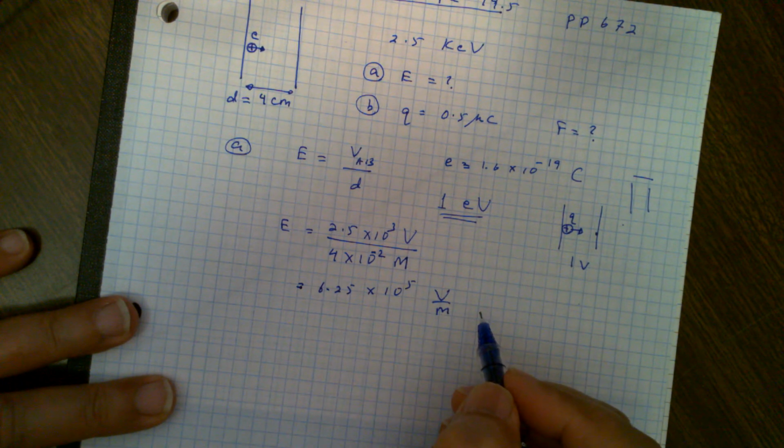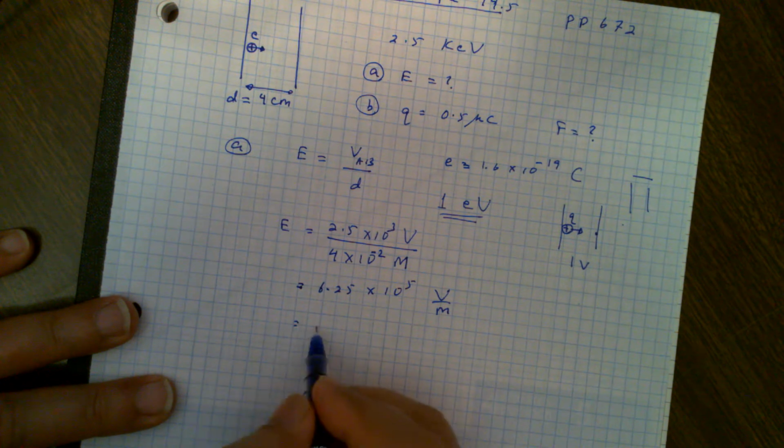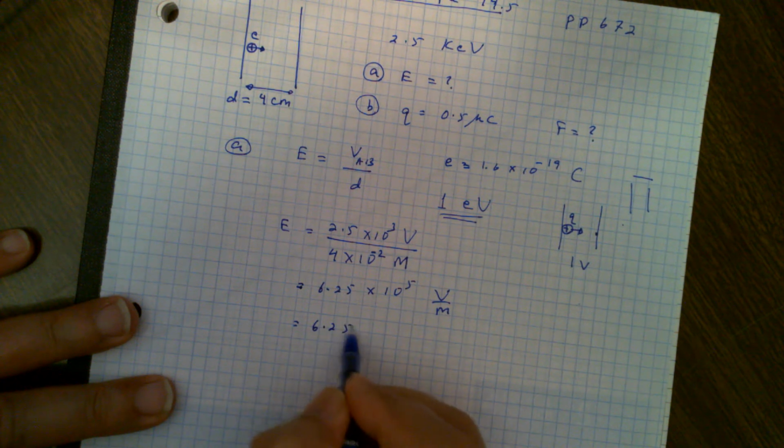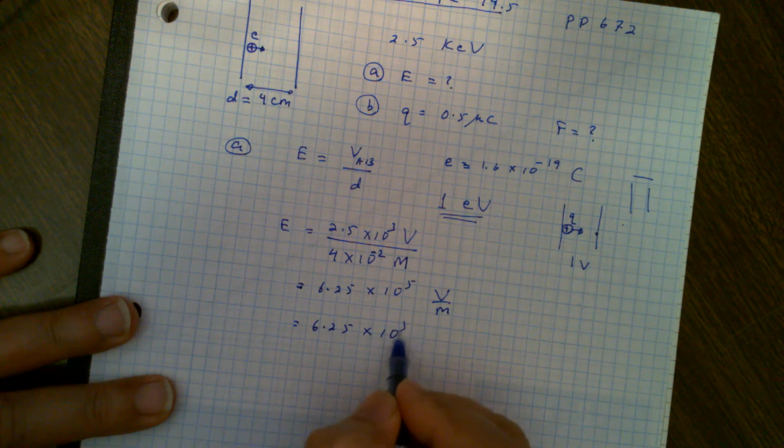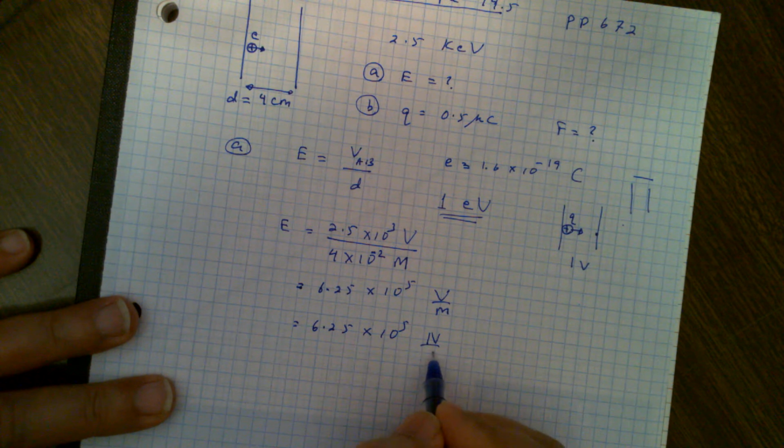And you should know that volt per meter is the same as newtons per coulomb, because that's the unit for electric field. So 6.25 times 10 to the power 5 newtons per coulomb.